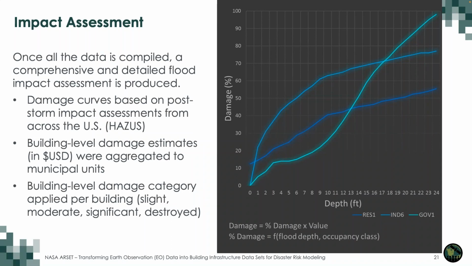And of course, we can take the percentage damage and apply it to the assessed building value and come up with the hypothetical damage to the building in US dollars.